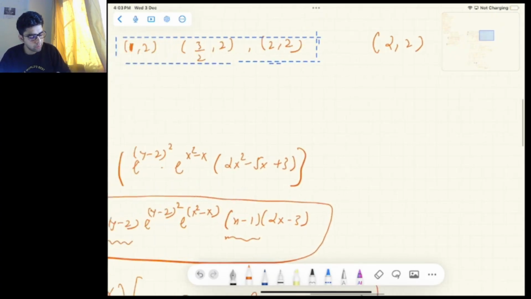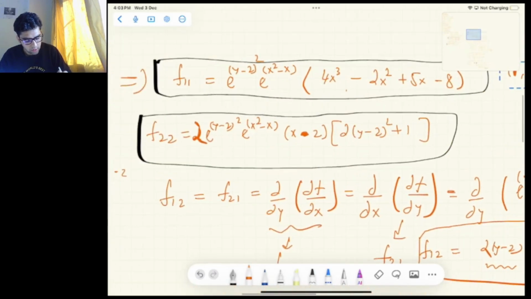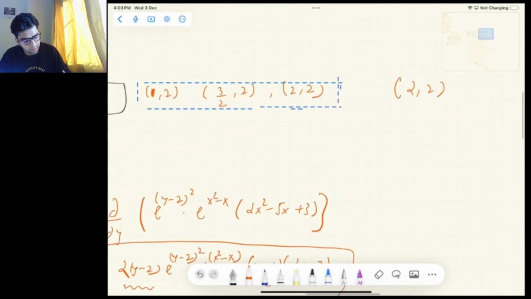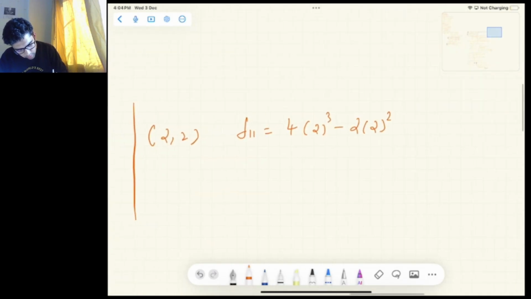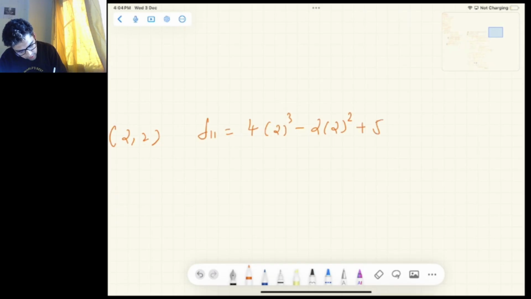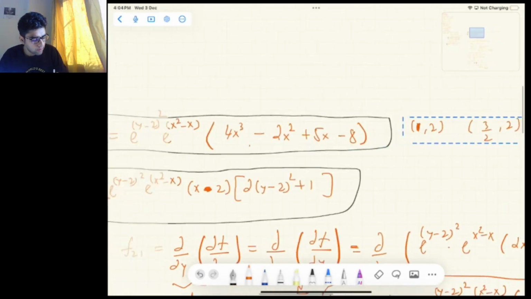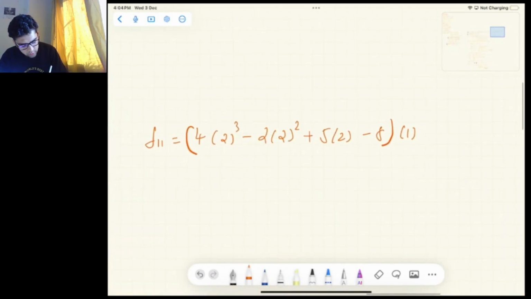If I substitute 2 comma 2 in this expression, f of 2 comma 2 gives me 4 into x cube, so 2 cube minus 2 into 2 whole square plus 5 into 2 minus 8, and this becomes e to the power y minus 2, so 1, and e to the power x square minus 1, so this becomes e to the power 2.